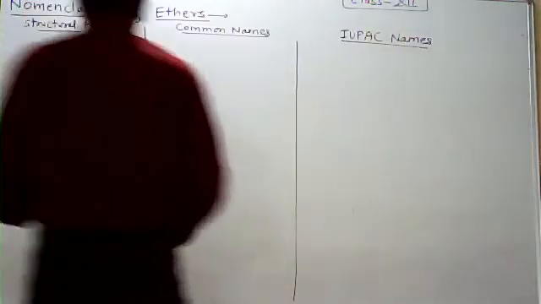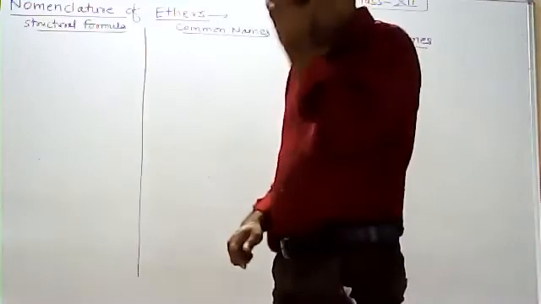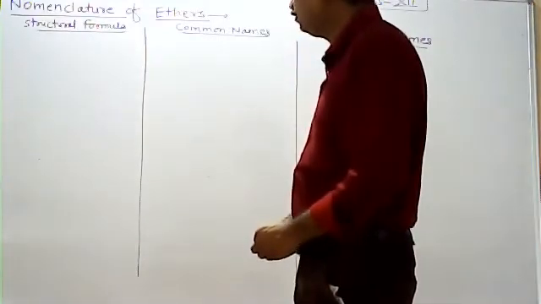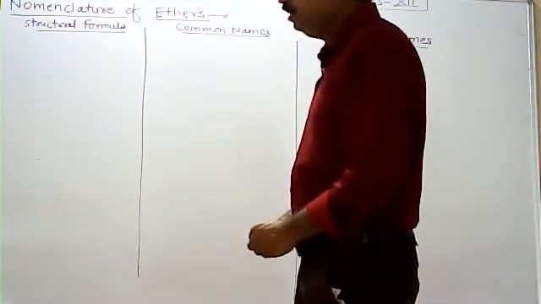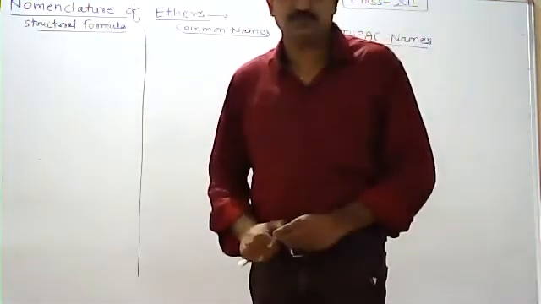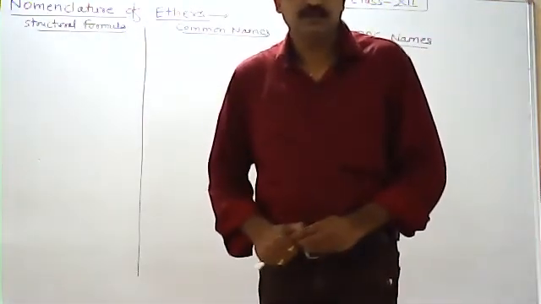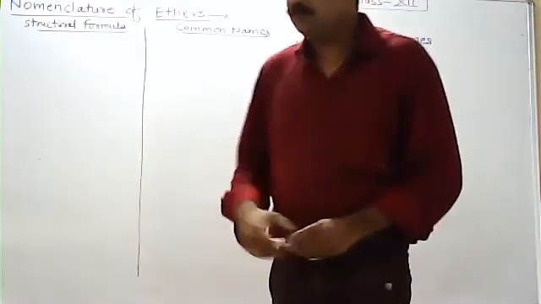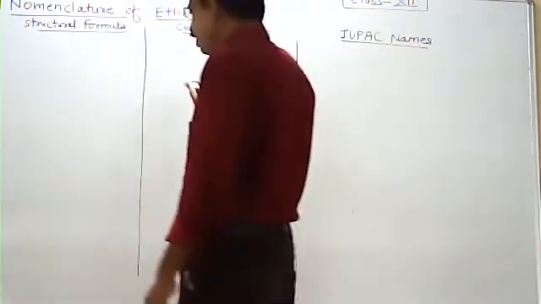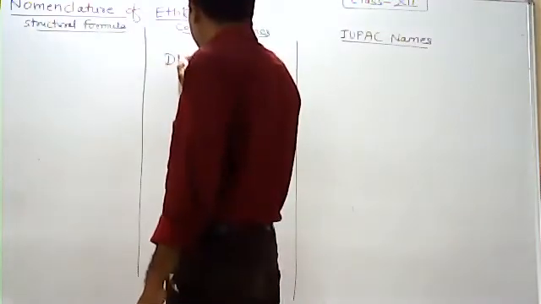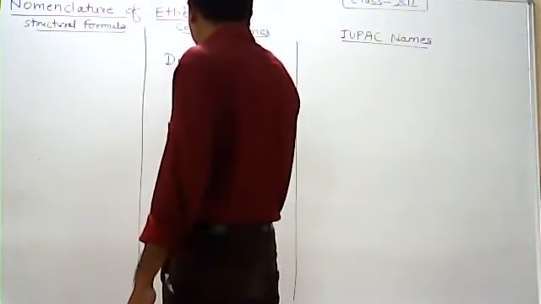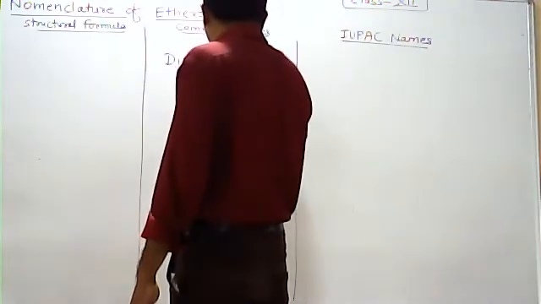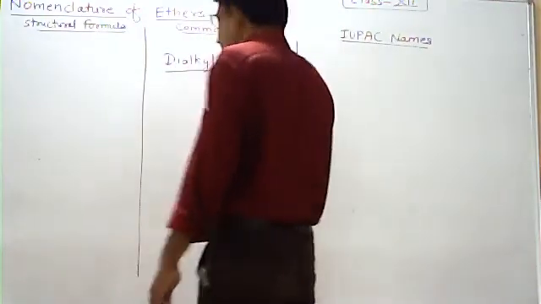So about the nomenclature of ethers, starting from the nomenclature of ethers. We have discussed some rules first. In the case of simple ethers, they are named as dialkyl ethers.